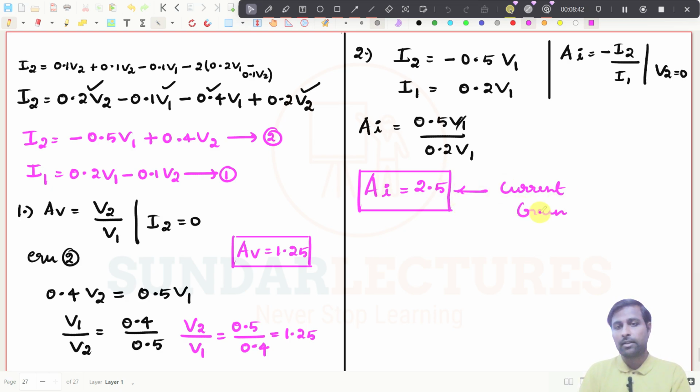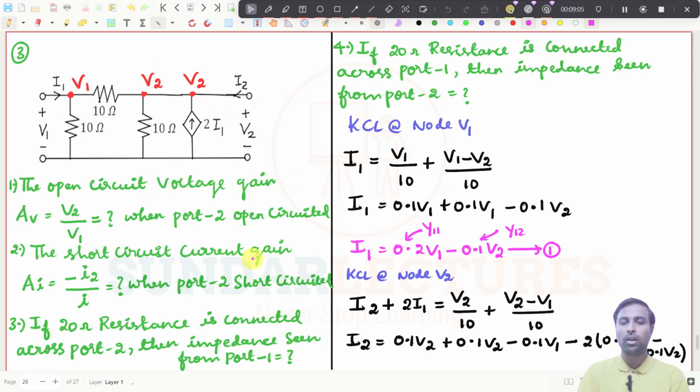Current gain of the circuit and this is the voltage gain. See, try to understand, these kinds of things are all applications of an electronic circuit. If we have an electronic circuit or an amplifier, you need to amplify voltage, amplify current and so many things you can easily find through the two-port networks. If you know exactly the two-port network parameters, maybe Z or Y or H or ABCD, then you can apply so many things.